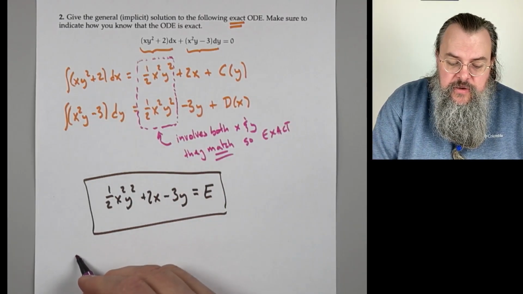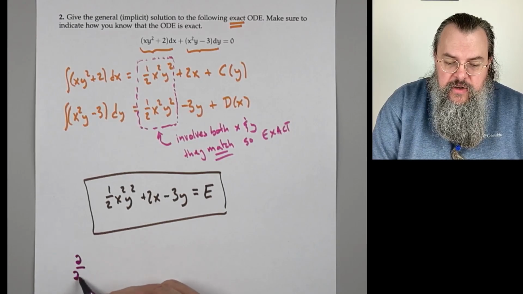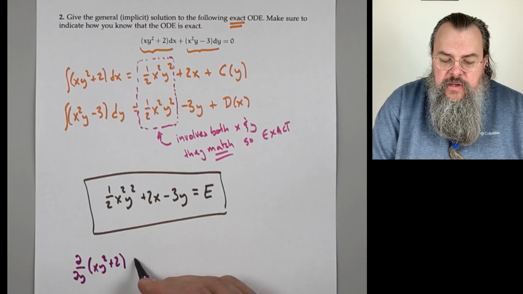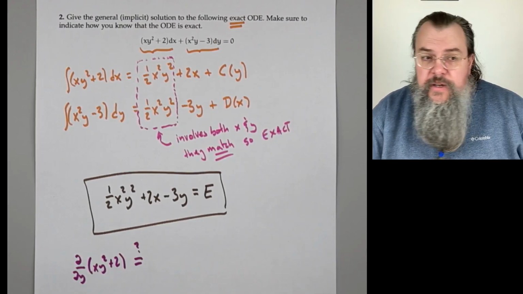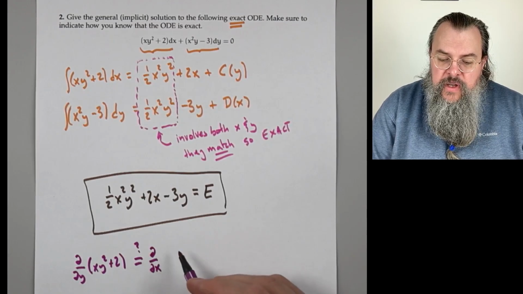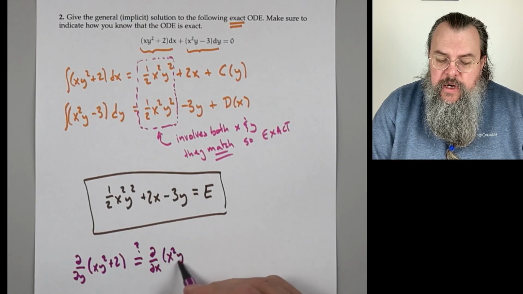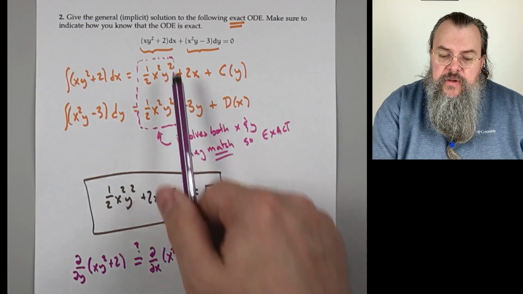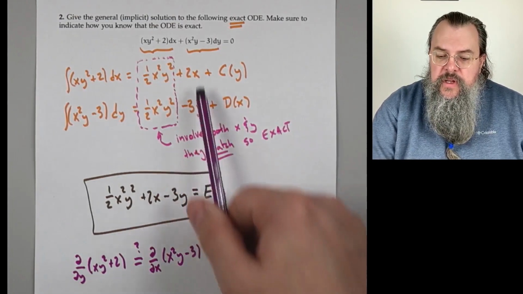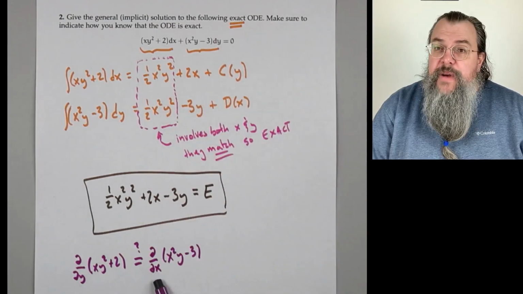So in particular, you say, well, take the derivative with respect to y of xy squared plus 2. Does this equal, question mark, the derivative with respect to x of x squared y minus 3? So notice that here, there's a dx, took the derivative with respect to y. Here there's a dy, took the derivative with respect to x.